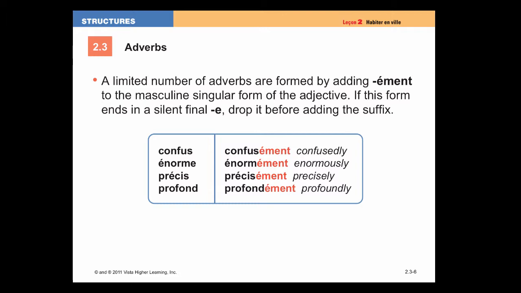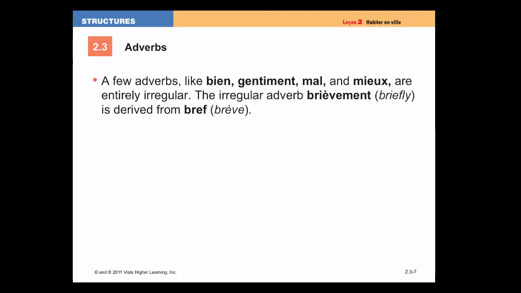So confus becomes, the feminine form is confuse, so we get confusément, confusedly. Énorme, it ends in an E, énormément. Précise, précisément. Profonde, profondément. So you have to memorize these as being irregular. They get the accent aigu on the E. It's not amment, but ément.